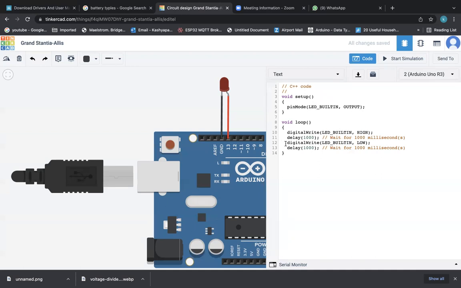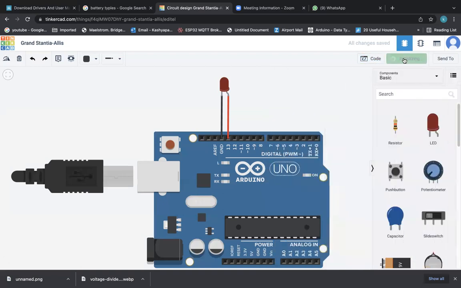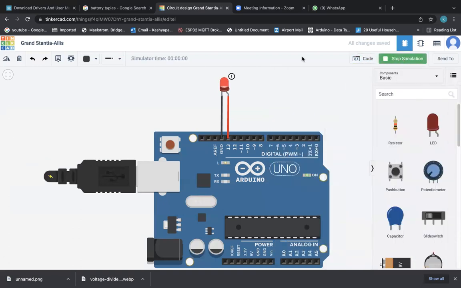Let me not blink, just light it up. So this LED is lighting up. Can you see it is lighting up? Both of you, can you see? Yes, sir. Right, brilliant.